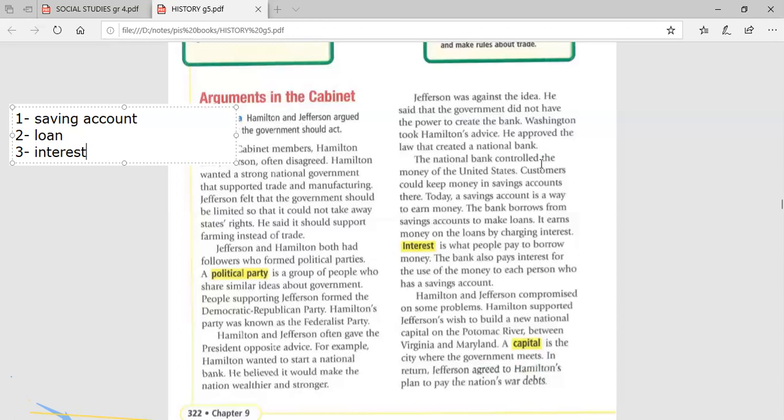Okay. But when he returned the money, he returned it with interest. With more money. For example, he took $1,000. He doesn't return $1,000 as he took before. No, he returned $2,000. So it means that he pays $1,000 more.